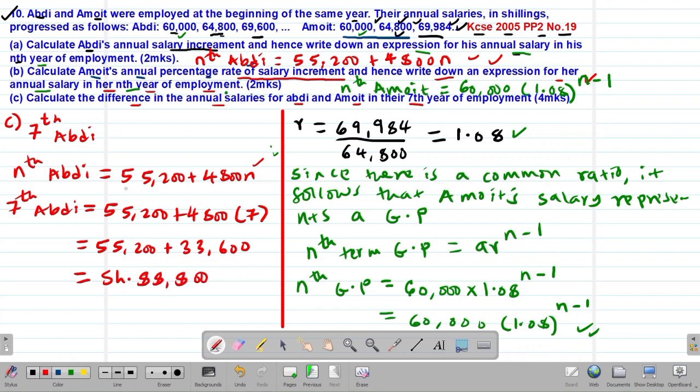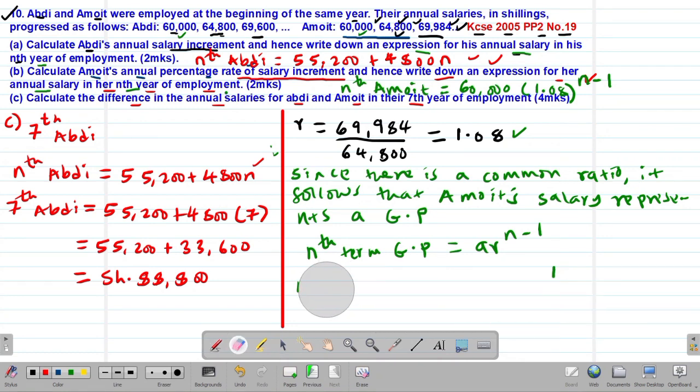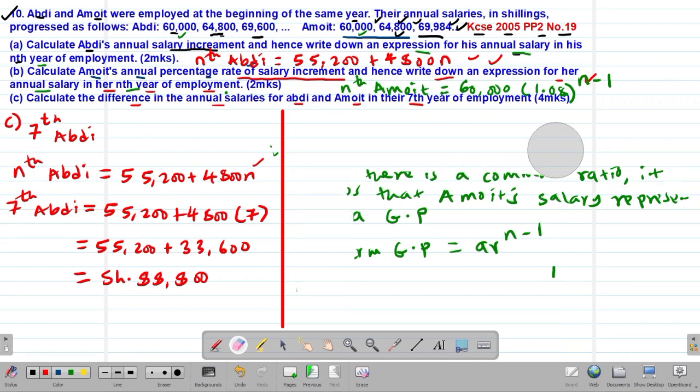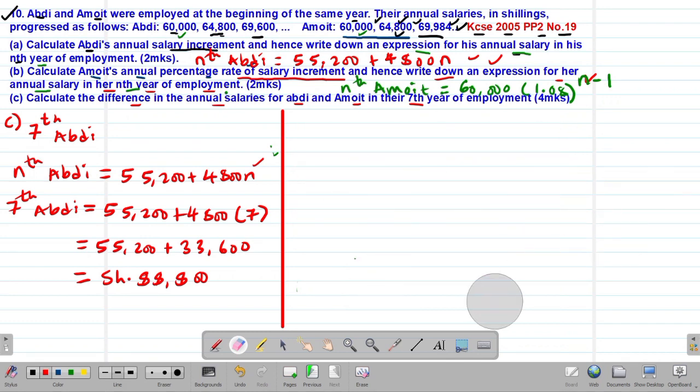So this is the amount of money that Abdi earned during the 7th year. Then we also find the amount of money that Amoit was earning during the 7th year, so that we can find the difference between the two as required by the question.